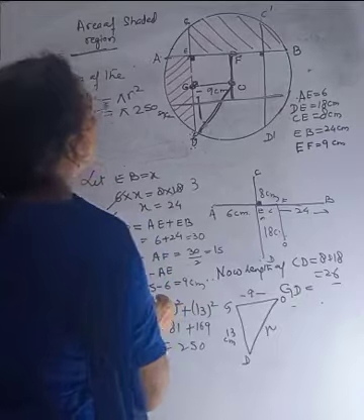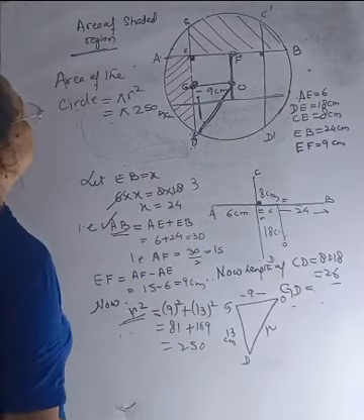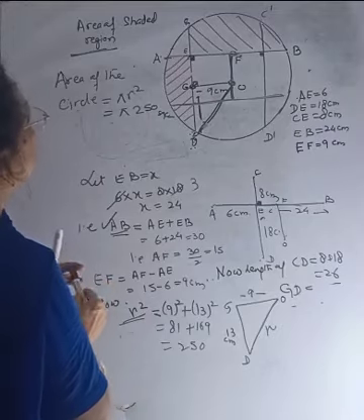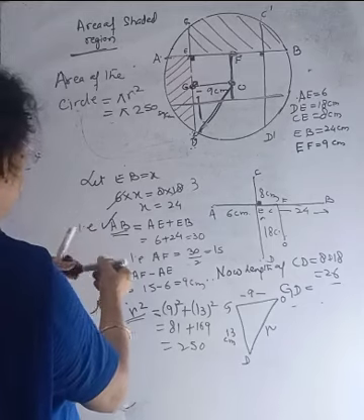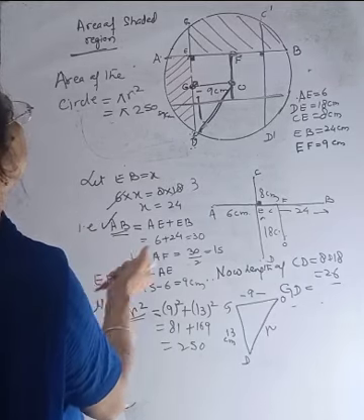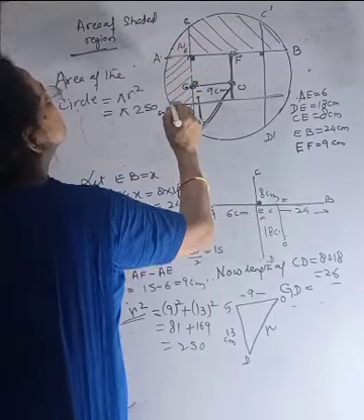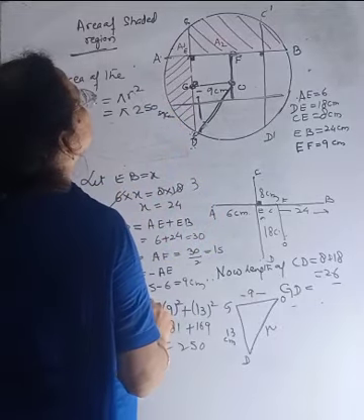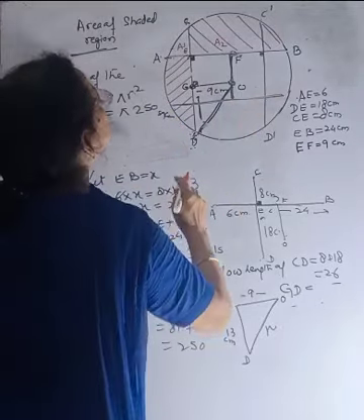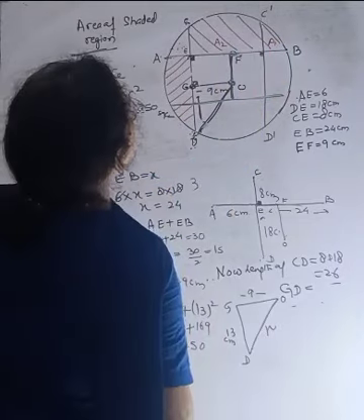अब क्या होगा देखिए. टोटल सर्किल एरिया है. इसके अंदर इस एरिया को हम मार्क करते हैं. सपोज दिस इज एरिया A1, दिस इज A2. ओके. एरिया A1, A2.